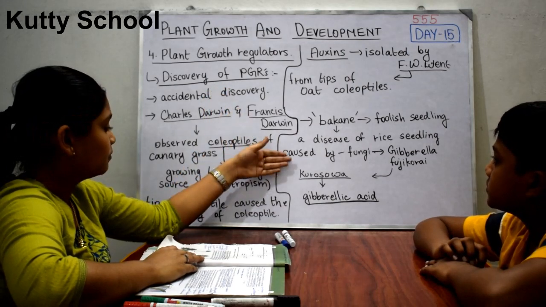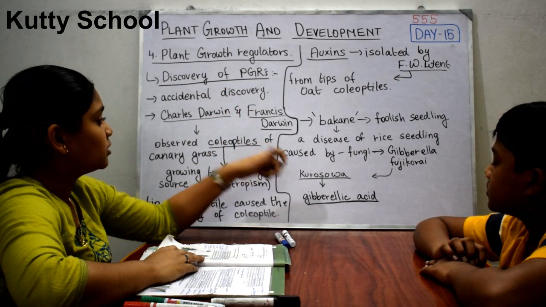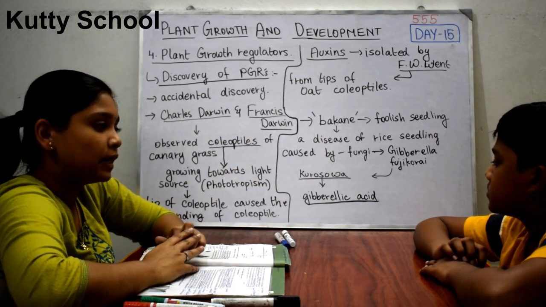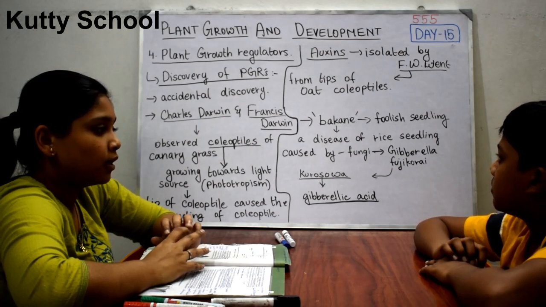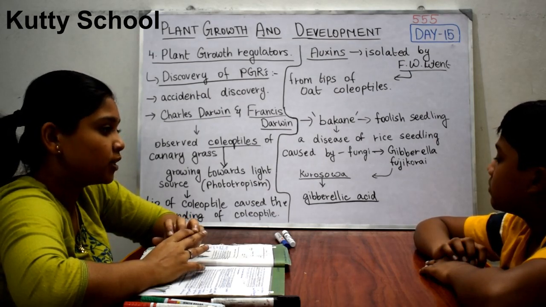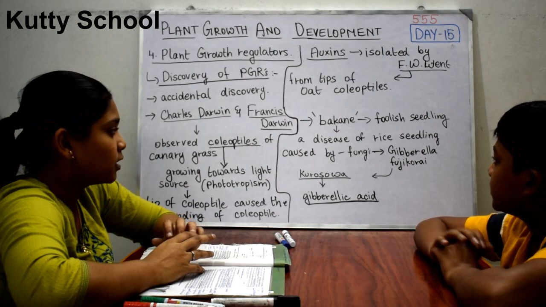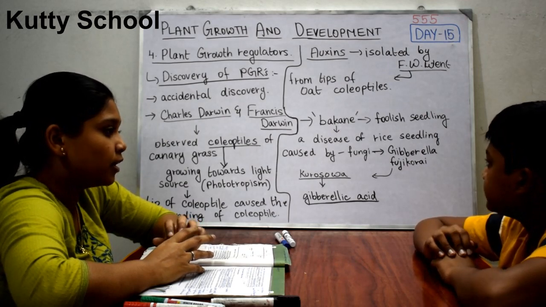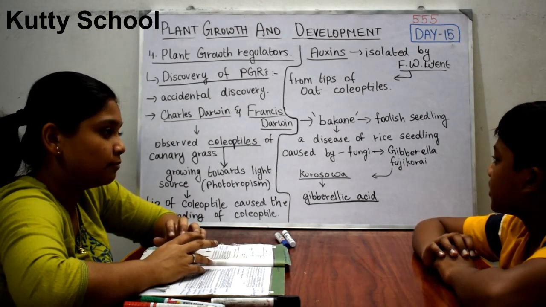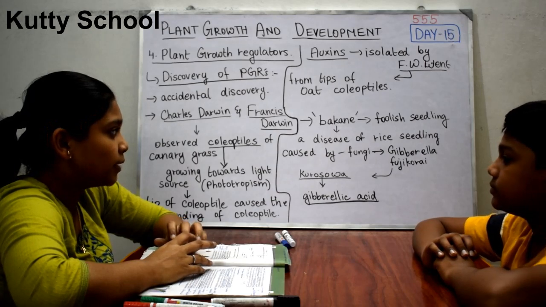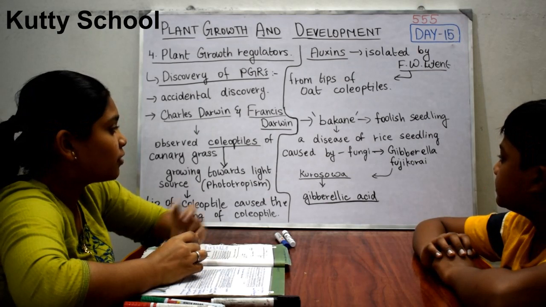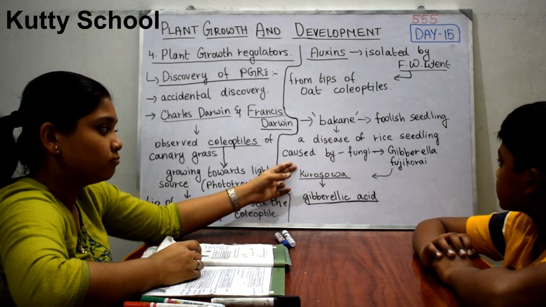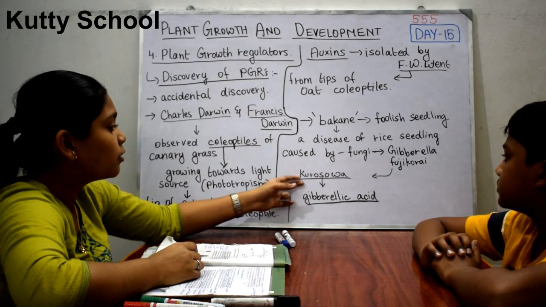Next comes the discovery of gibberellic acid. Bakanae, also known as foolish seedling, is a disease of rice seedlings. This Bakanae disease occurs often in rice seedlings. It was caused by the fungus Gibberella fujikuroi, and it was found by Kurosawa.